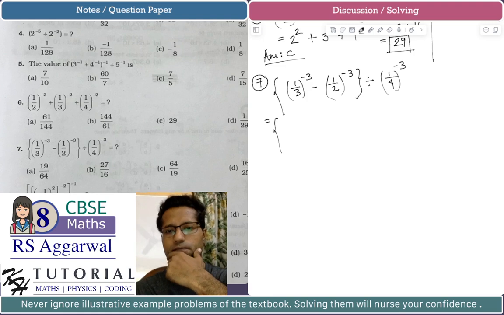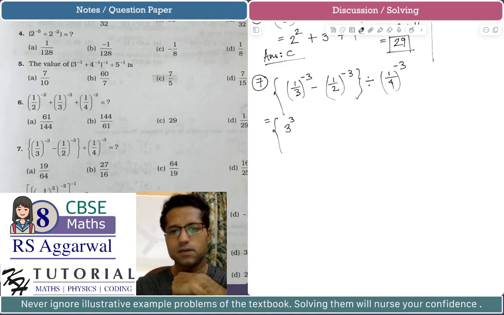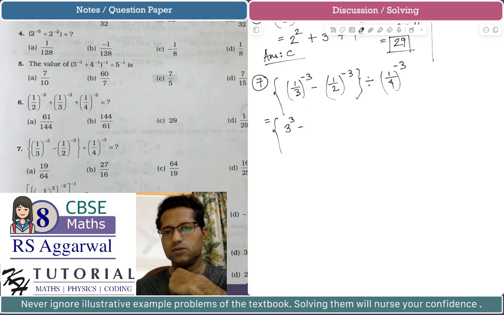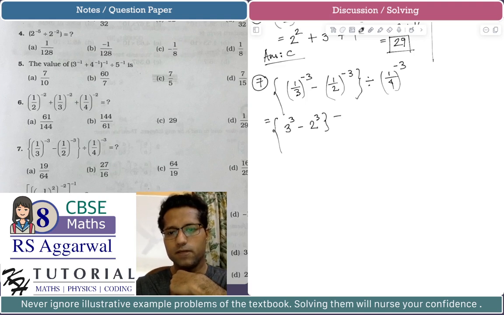So (1/3) raised to the power minus 3 is nothing but the reciprocal of 1/3, that is 3 to the power 3. Similarly, (1/2) raised to the power minus 3 is the reciprocal of 1/2, that is 2 raised to the power 3. We divide by (1/4) raised to the power minus 3, which means the reciprocal of 1/4, 4 to the power 3.